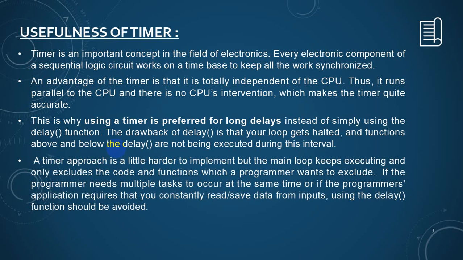If the programmer needs multiple tasks to occur at the same time, or if the application requires that you constantly read or save data from inputs, using the delay function should be avoided.